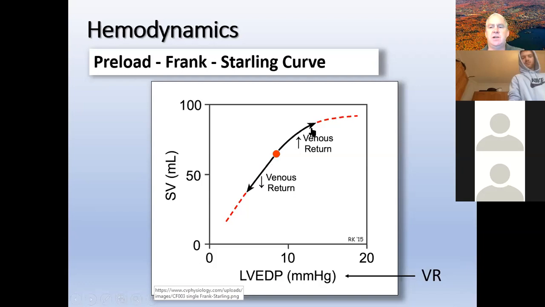As you increase that stretch, you get a stronger contraction. So again, this is a positive inotropy, which has nothing to do with the sympathetic nervous system. It's just a function of the muscle. And this left ventricular end diastolic pressure is due to the venous return. Positive inotropy.